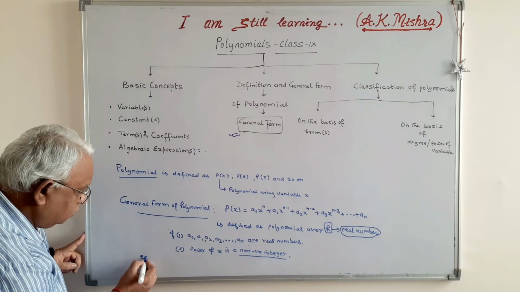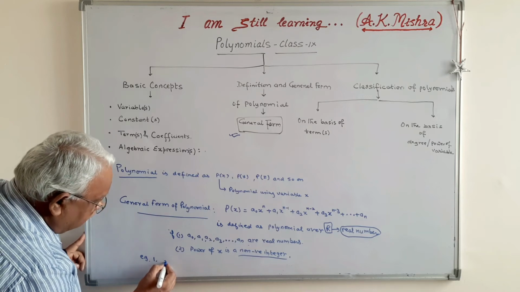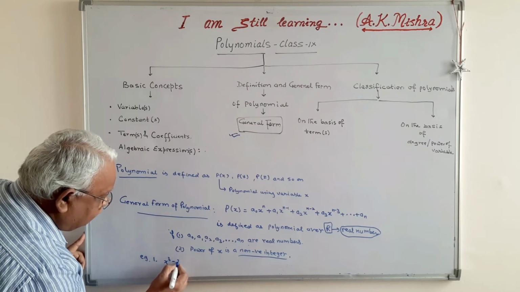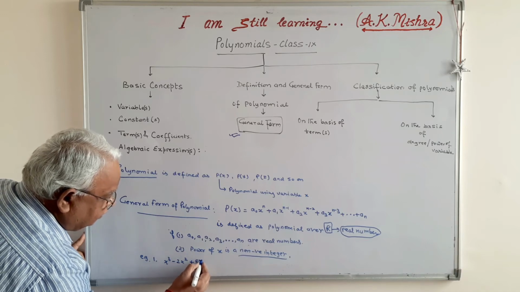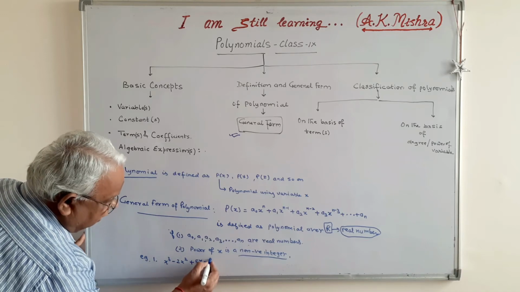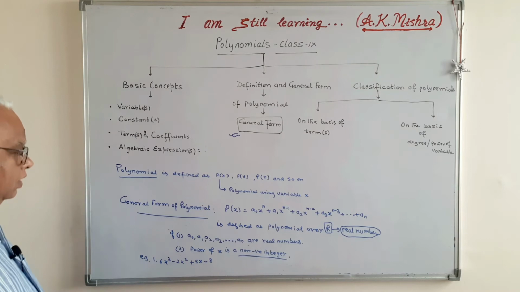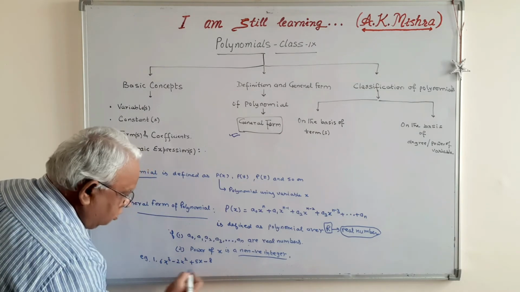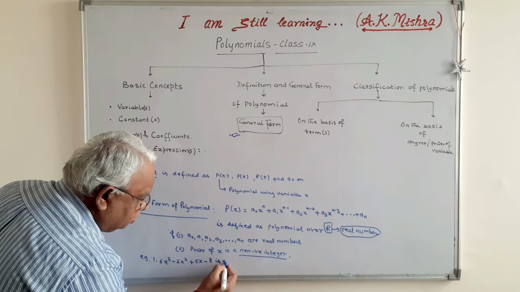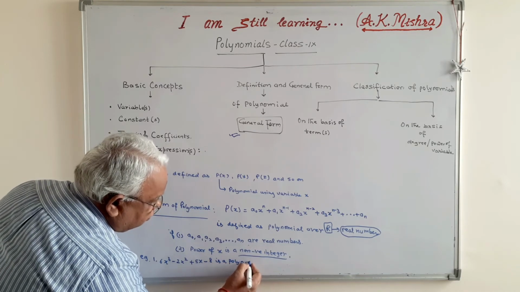For example, x cube minus 2x square plus 5x minus 8, here you can also add 6, is a polynomial over R.